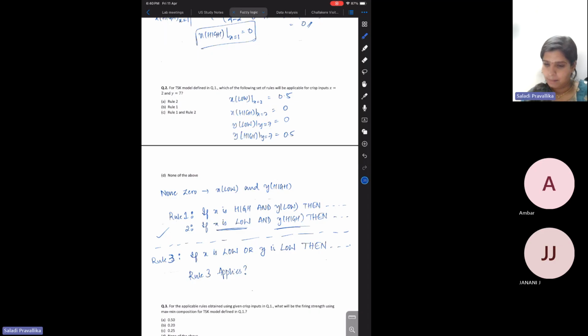So my question is, will this new rule 3, for the same values which we got earlier, apply or not? If it is yes, then why does it apply? And if it is no, why doesn't it apply?